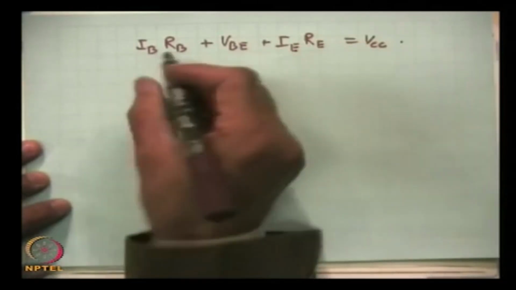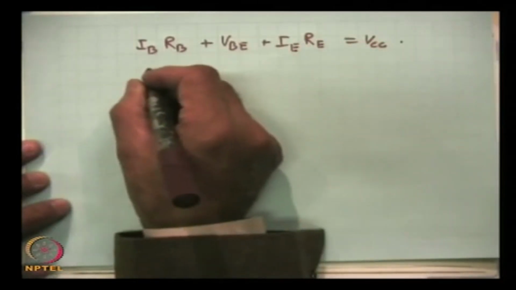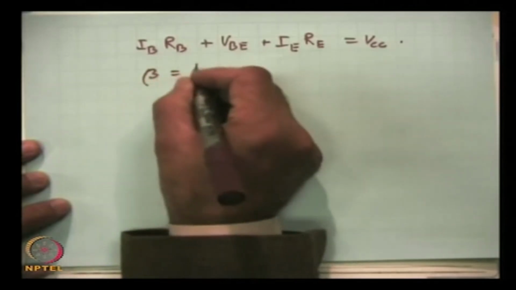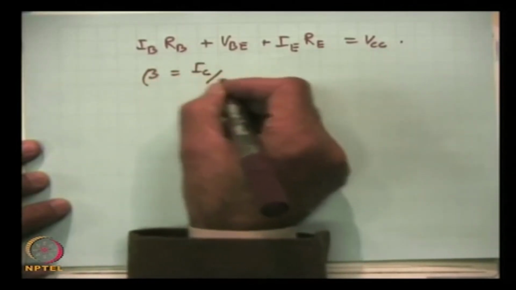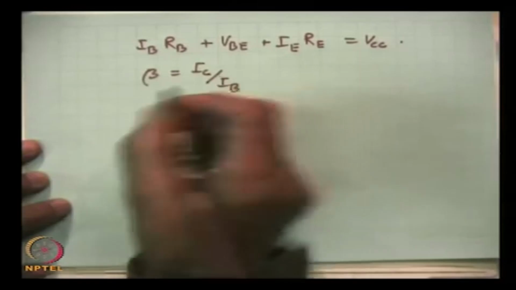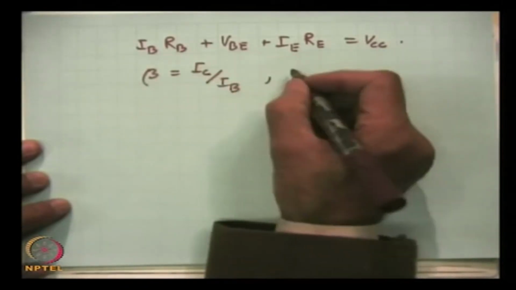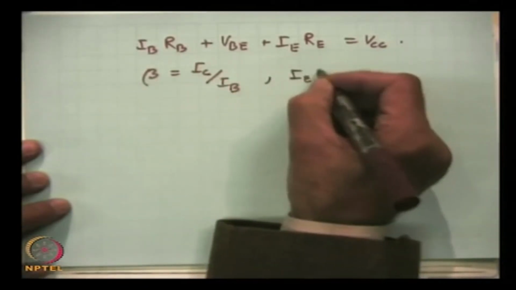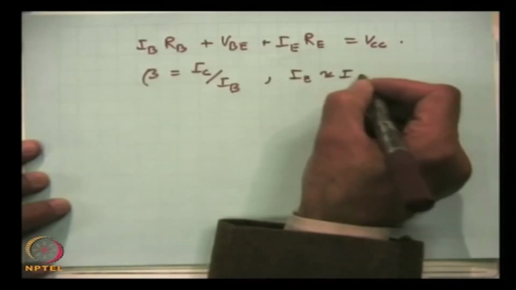Now, we make use of the fact that beta is simply equal to IC by IB, and IE is equal to IC.